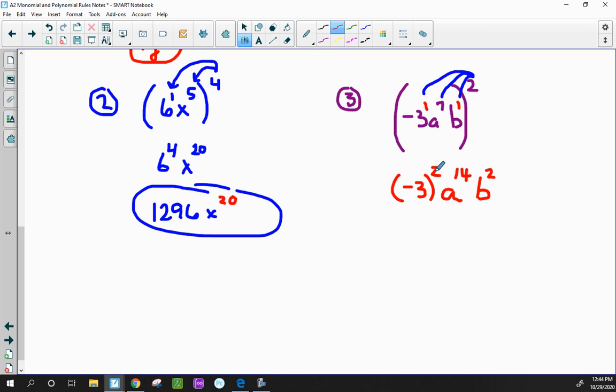Negative 3 quantity squared. If you grab your calculator right now, type in negative 3 squared without parentheses, and then type in negative 3 with parentheses around it and square it.